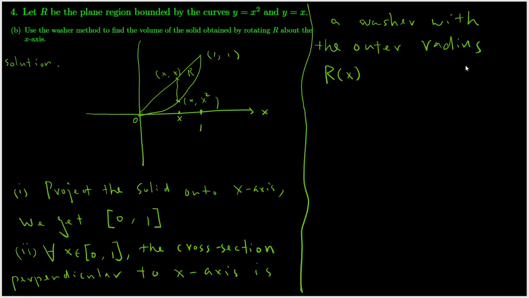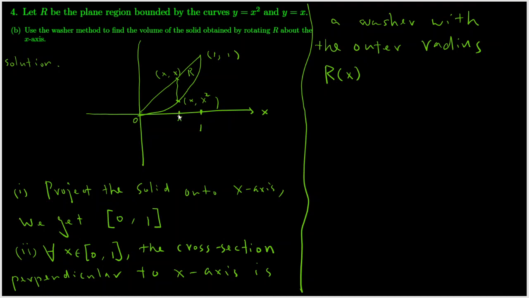Anybody want to tell me the outer radius? Now follow my mouse cursor. The outer radius is the entire length from this point to the x-axis. So that makes sense? The outer radius is from this point all the way to the x-axis. Anybody want to tell me the outer radius?